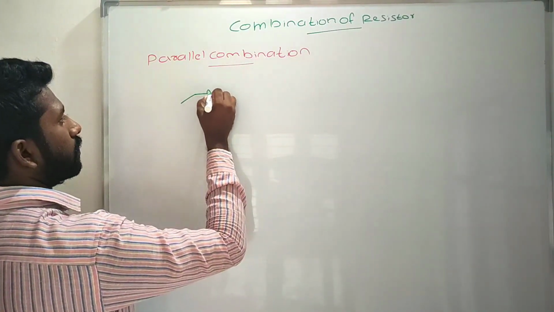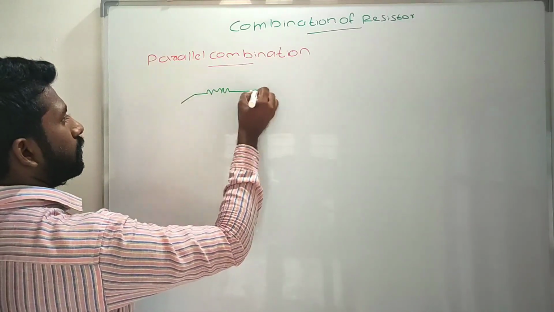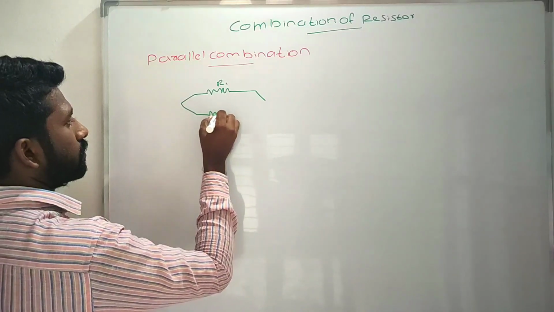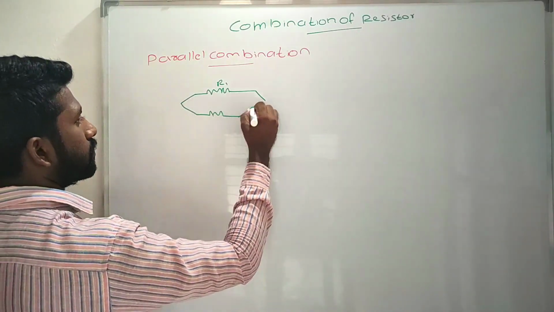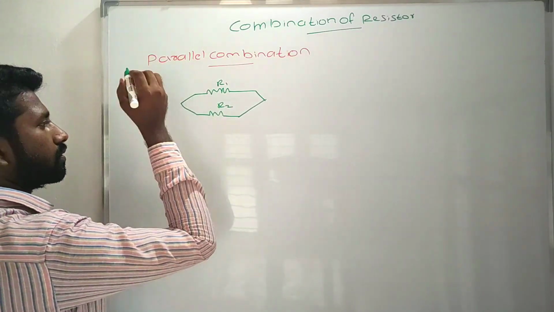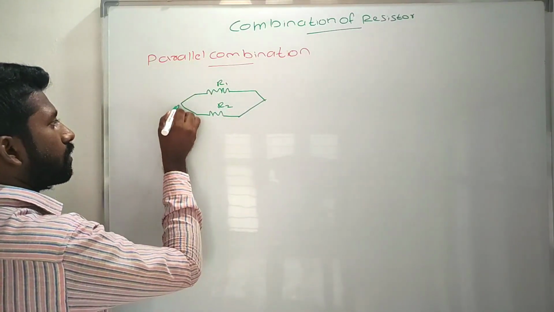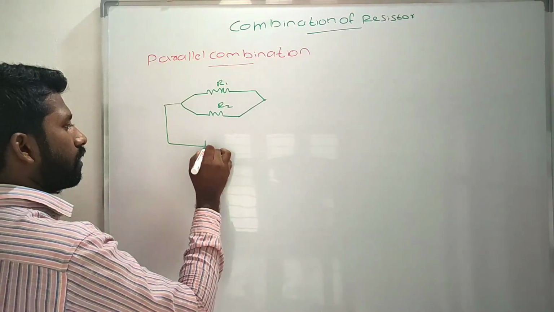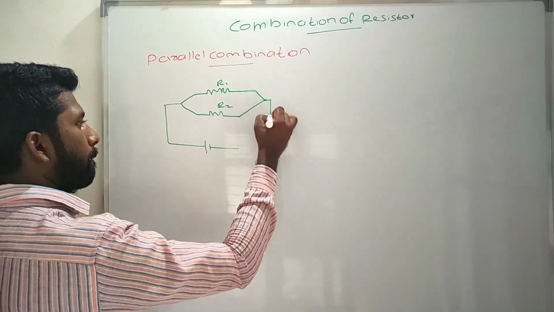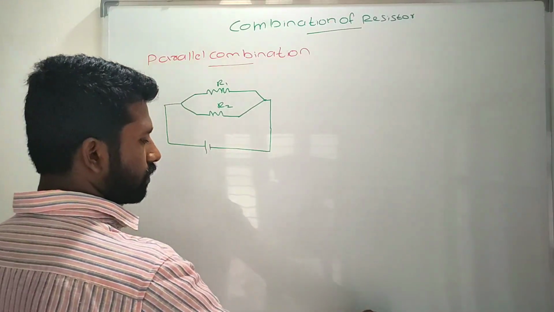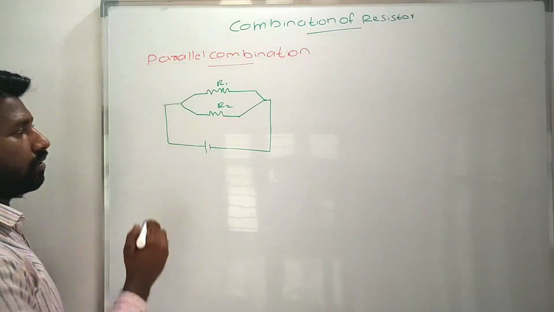First I take a resistor R1 and another resistor R2. These two resistors, one end is joined together, the other end is joined together, and it is connected to a cell. This is the way we connect in parallel.